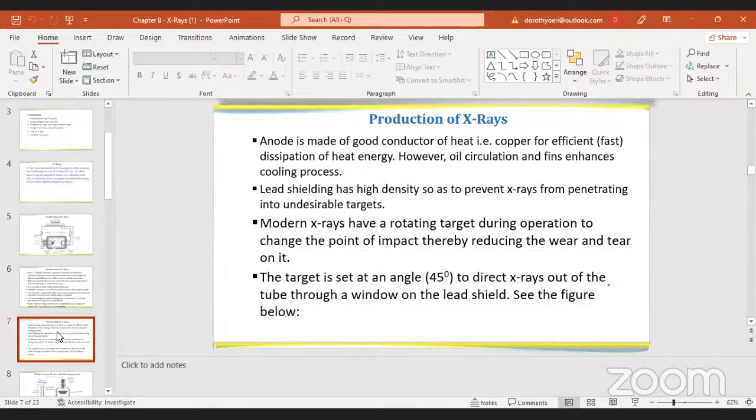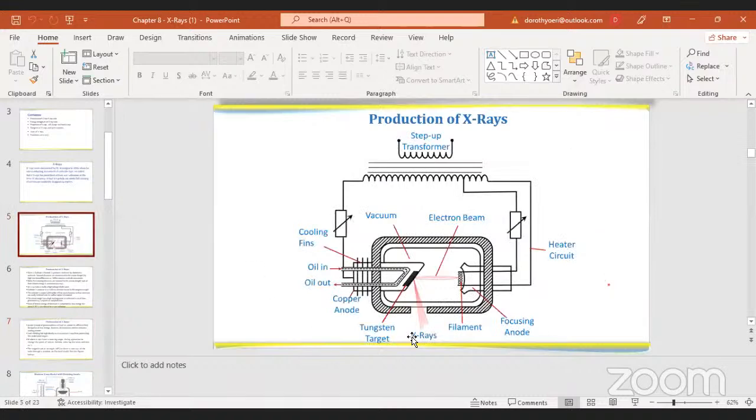And then what I had shown you earlier, we have lead shielding the tube. I had indicated the shaded part is lead. Why is lead being used as the shielding material?